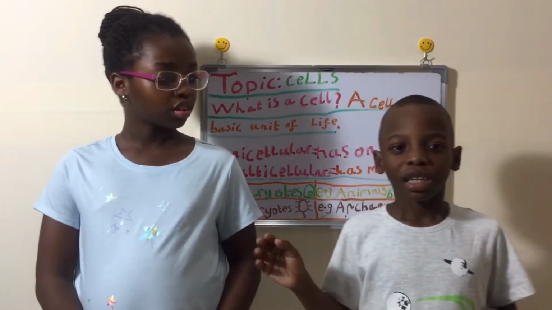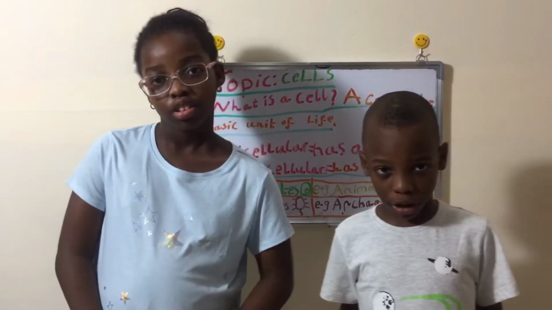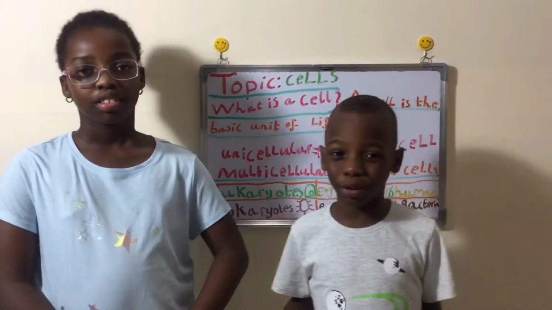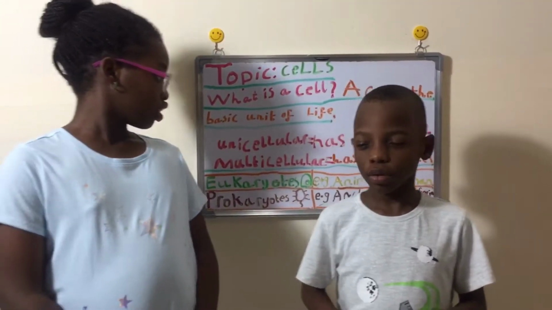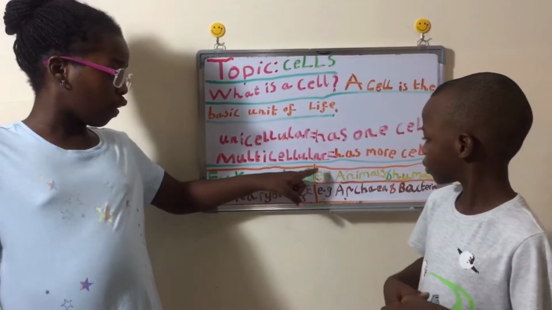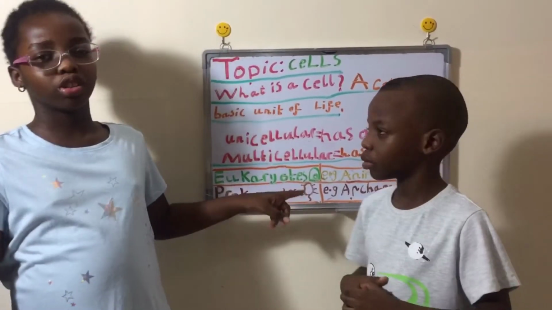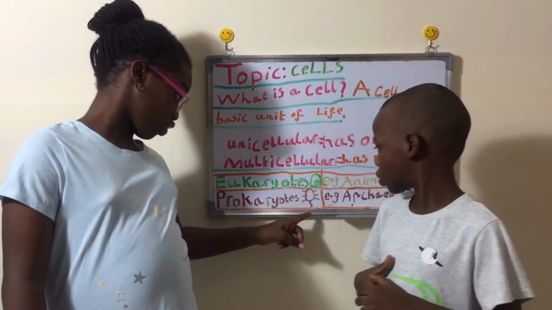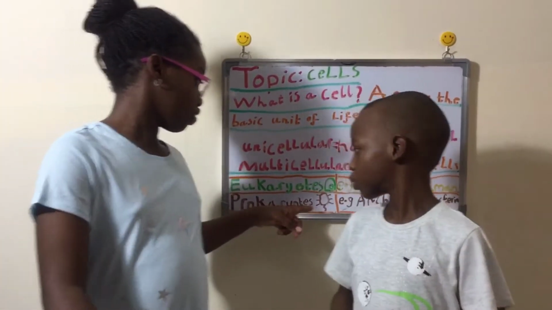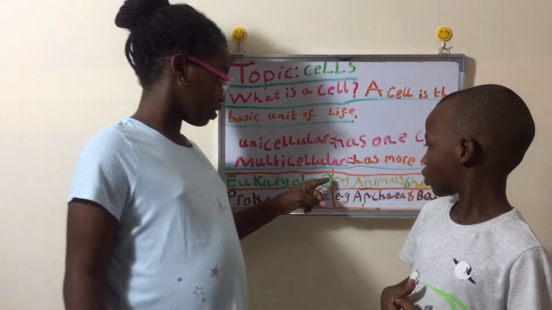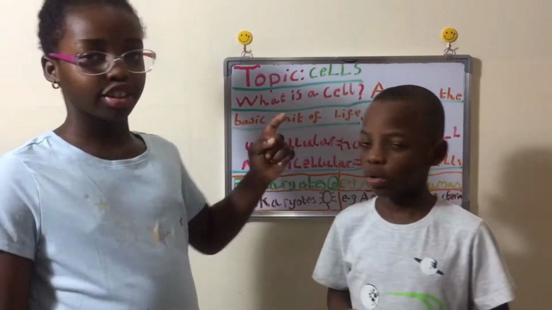So it's located inside, floating around inside the capsule of the prokaryote cell. So they have no membrane-bound organelles. That's all prokaryotes do not have. And also a nucleus.